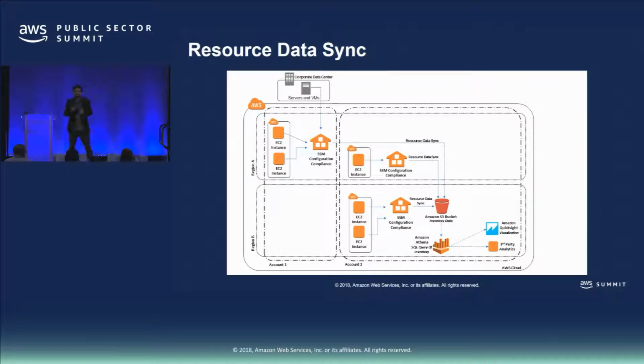You can basically use resource data sync feature to collect all the inventory and compliance data from those sub-agencies and collect them in central IT bucket, S3 bucket. And then you can use your third-party analytical tools, or you can use AWS services like Amazon Athena or Amazon QuickSight to basically see if they are compliant or not, and then enforce compliance from there.